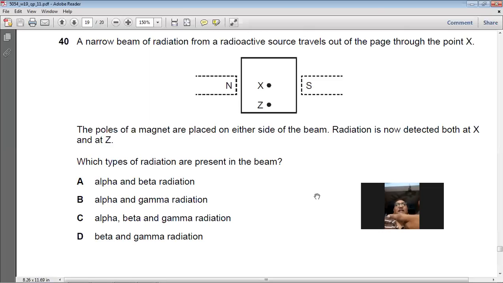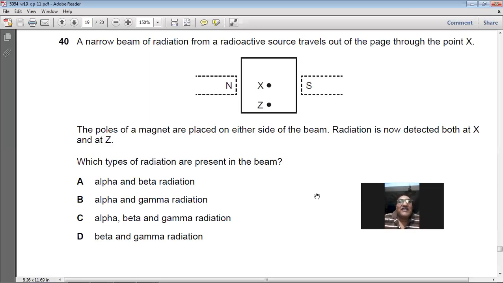My thumb is pointing upward. So this radiation should have deflected upward if it was positively charged. If it was alpha, alpha has positive charge. But it has deflected downward towards Z. It is not positively charged. It's definitely negatively charged. So it's beta particles.